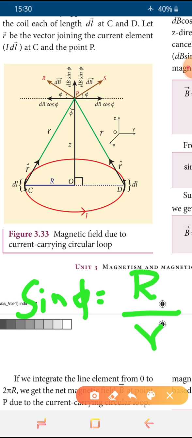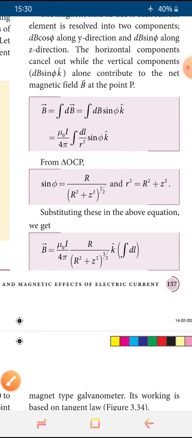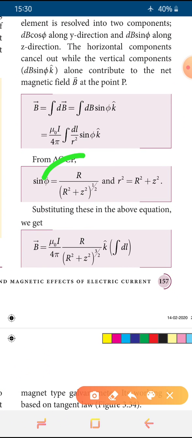So sin phi is equal to capital R divided by small r. Small r square is equal to capital R square plus Z square as per the Pythagoras theorem, but we need the r value, so we take the square root.